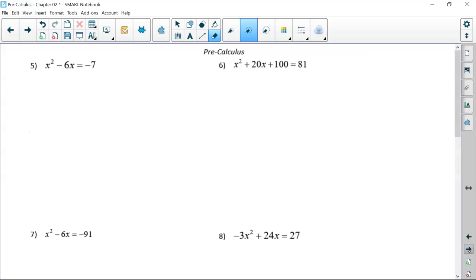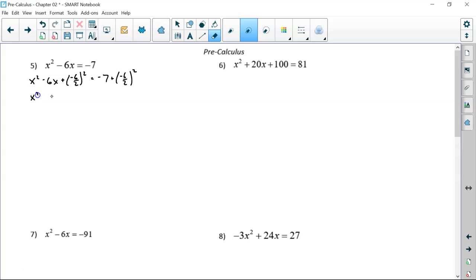Problem number 5. We already have the x squared and the negative 6x isolated. Our leading coefficient is 1, so x squared minus 6x, I'm going to leave some space, equals negative 7. I want to leave that space because I'm going to be adding the negative 6 divided by 2 squared to both sides.